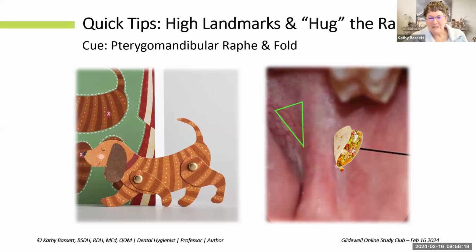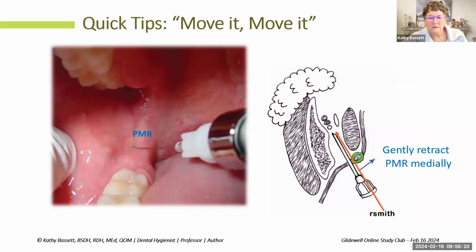And then I'm going to suggest that right after you insert the needle tip, just gently deflect the raphe towards the tongue. And what that's going to do is just gently move soft tissue off the bone. So then you're less likely to have premature contact on the internal oblique ridge, less likely to have contact at the lingula.